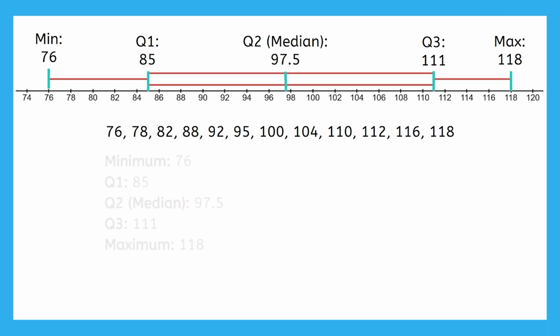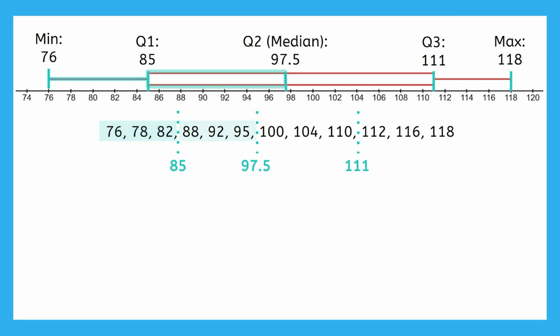Since the quartiles help break datasets into quarters, this means each section of the box plot represents each quarter, or 25% of the data. Since we have 12 total data points, that means 3 of them are represented by each section. This first section represents the first 25% of the data.